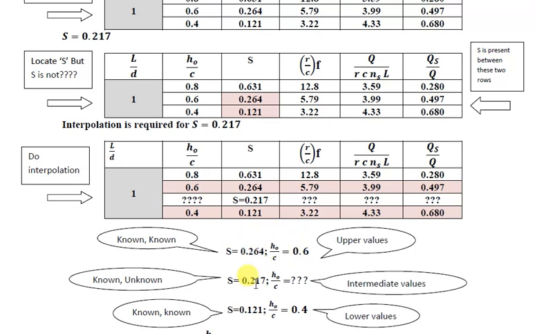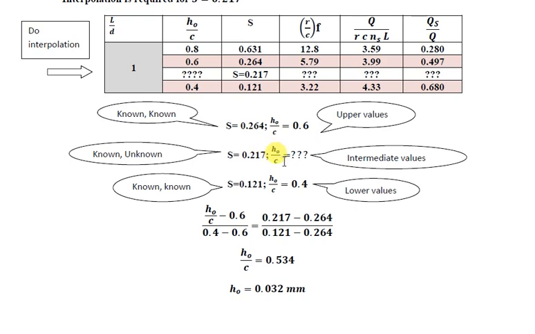So both cases are known. Intermediate value S known and H0 upon C unknown. Then lower S is again known and H0 upon C is known. So only one term is an unknown thing. So we will do the linear interpolation and we will find the corresponding H0 upon C.